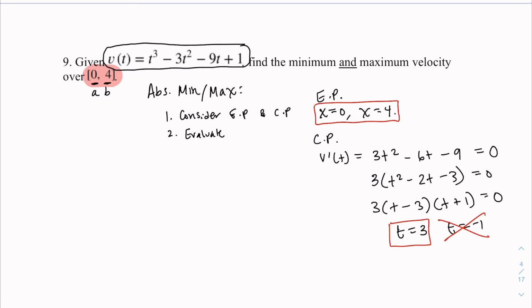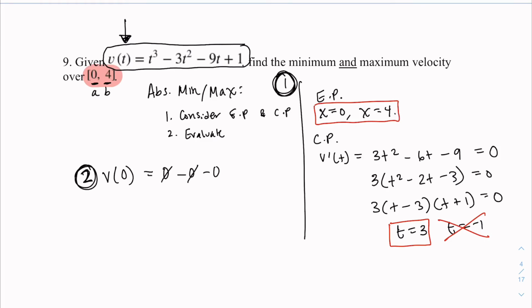Let's see where the graph is at each of these places. So if this was step 1, I'll do step 2 over here. Okay, so we have to plug these back into the original function to see where the velocity is the highest and the lowest, the max and the min. So let's start with v of 0, which is 0 cubed minus 0 squared minus 0 plus 1.